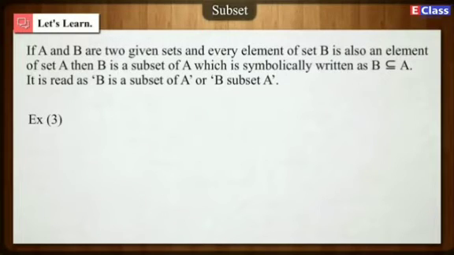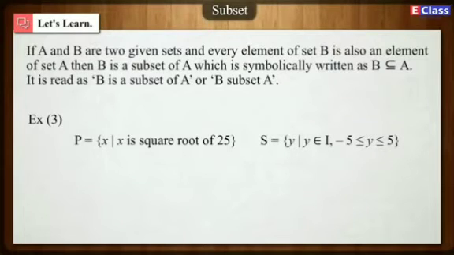Example 3. P is a set of x such that x is a square root of 25. S is a set of y such that y is an integer and -5 ≤ y ≤ 5.